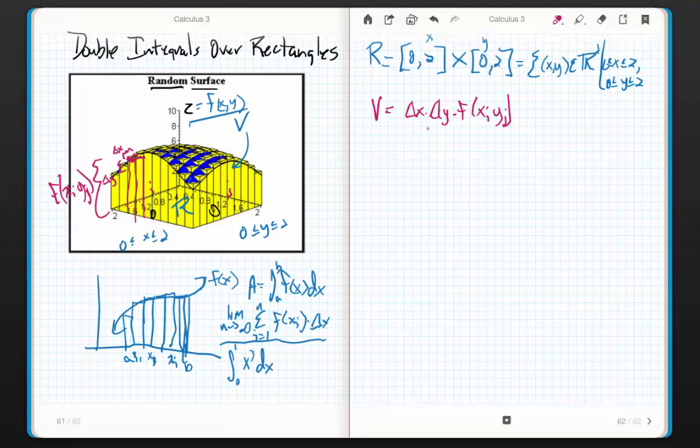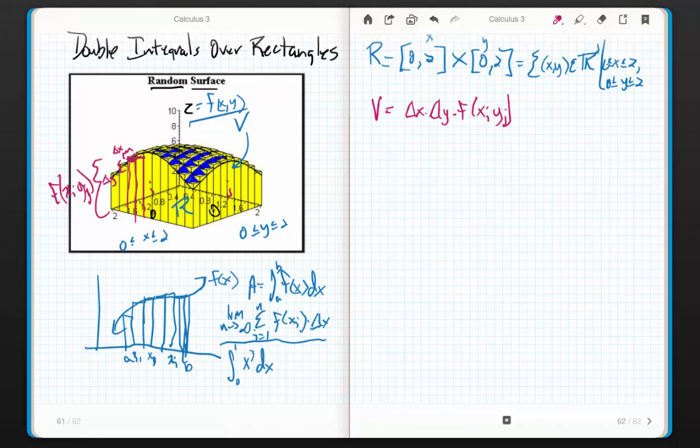Well, that's not entirely correct because look at our sub-index. Here's my problem. Let me show you something. This is going to drive you guys a little crazy. Do you agree that this is my x sub i that corresponds to a specific y sub j?